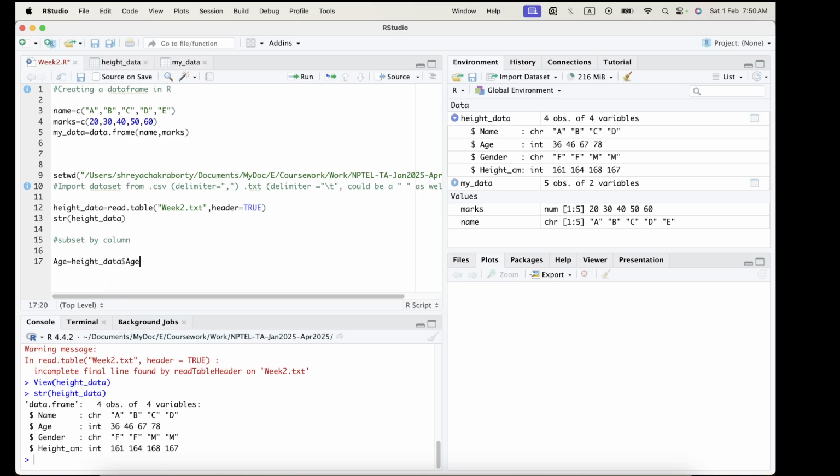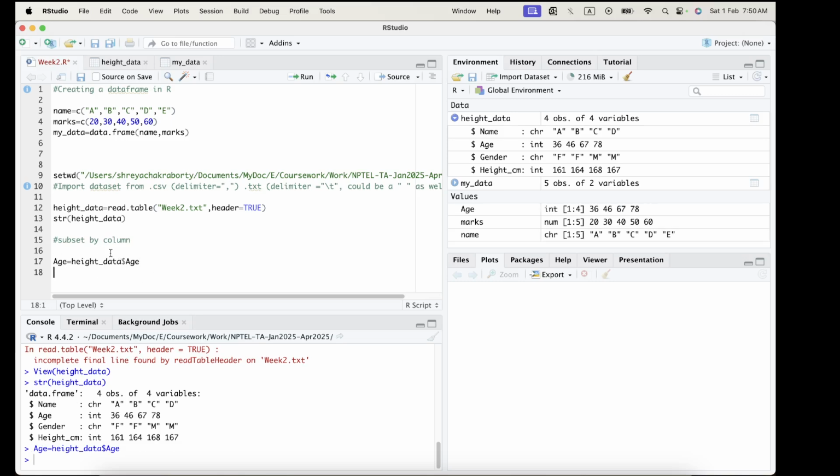So if I give height$age, then this age variable is going to store the age column reported in this data frame.